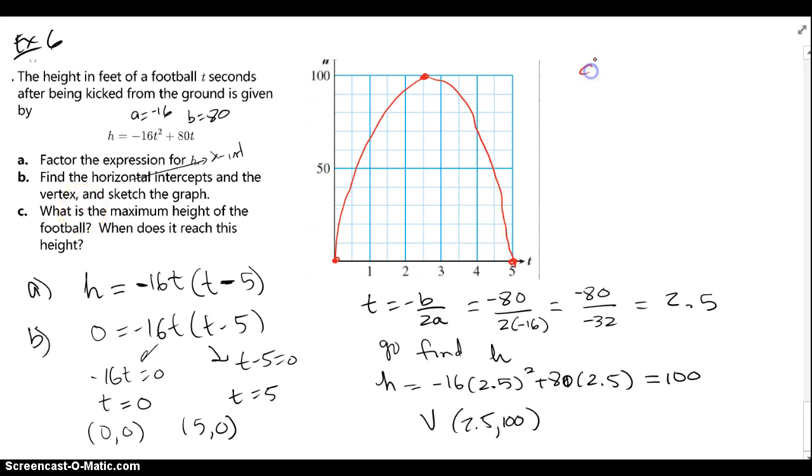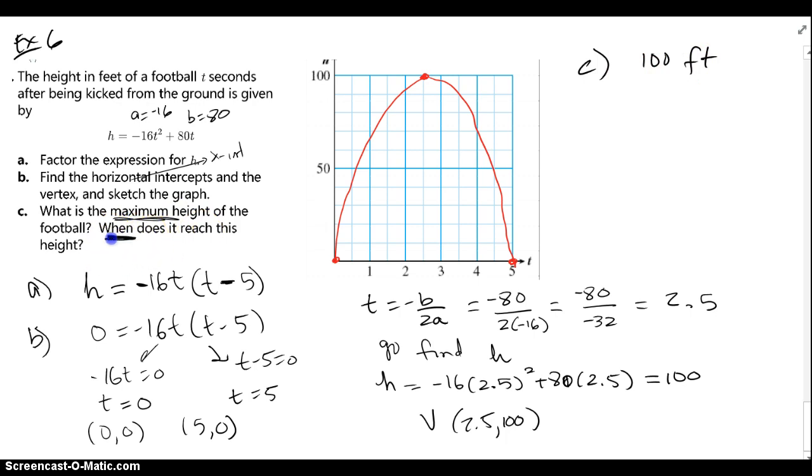Part C says, what is the maximum height? Well, we can clearly see the ball went up and came down, and the maximum height is occurring at the vertex, which happens to be 100 feet high. That's the maximum height. When does it reach this height?